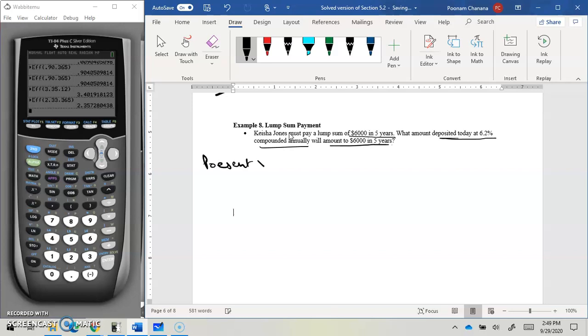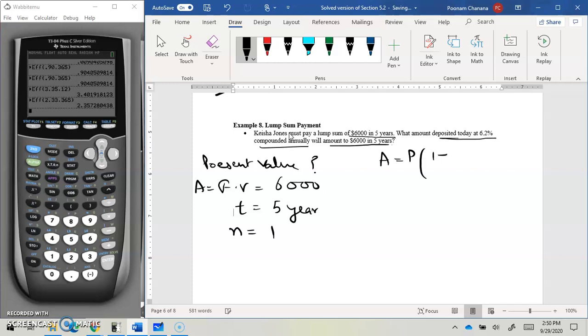They are asking us to find the present value when the future value is given to be $6,000 in 5 years, with compounding done annually. That means n is 1. We know the formula: future value, meaning the amount, is equal to principal, present value, times (1 plus r by n) raised to the power nt.